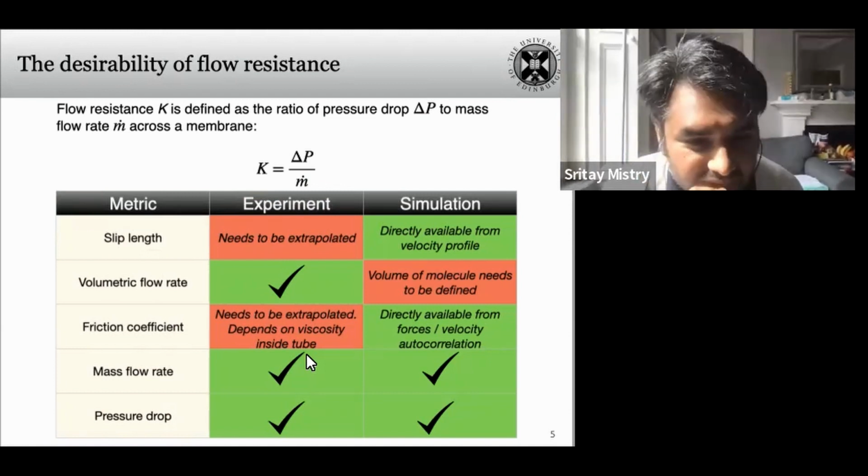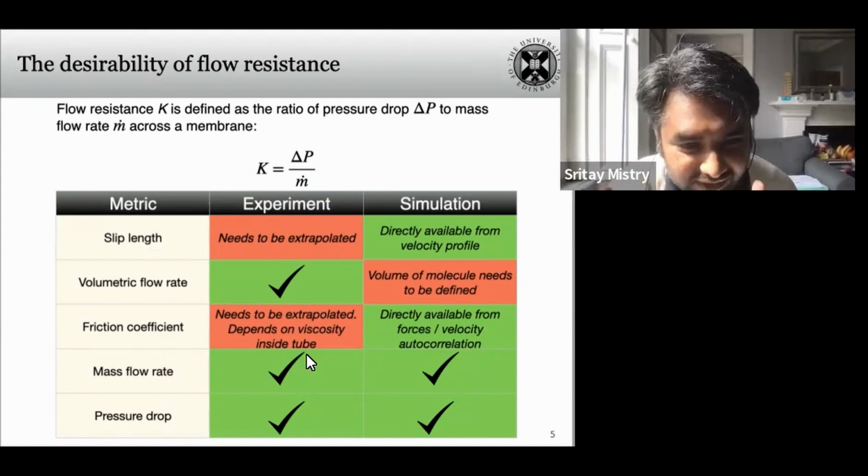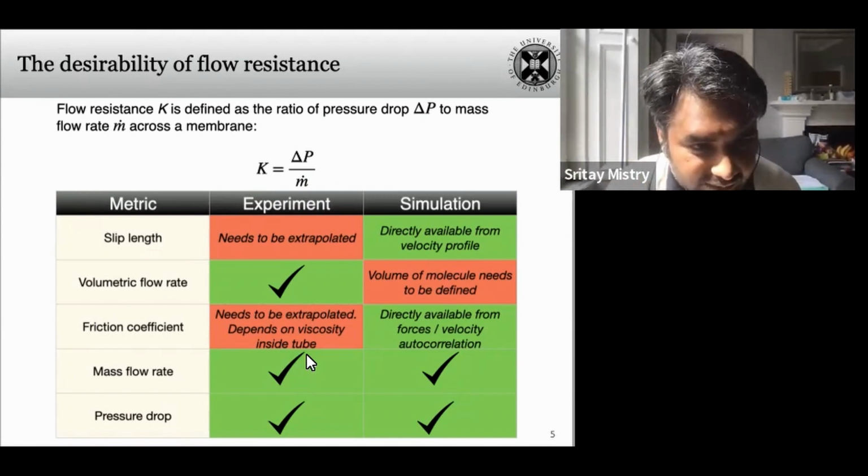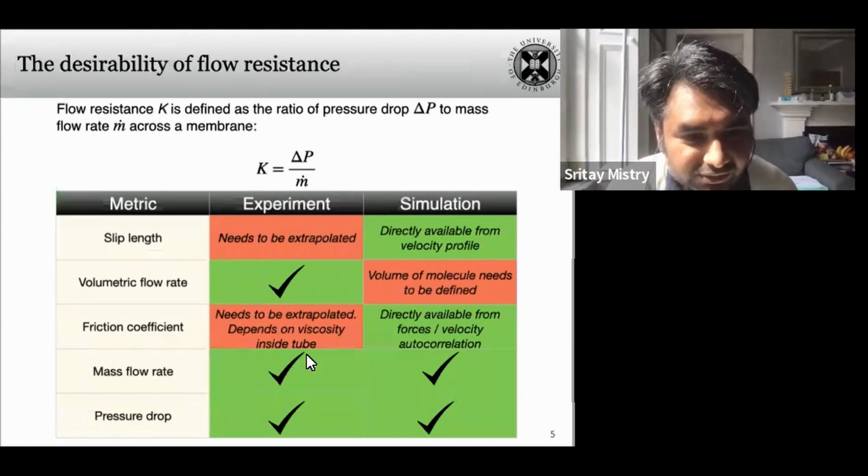The problem with all of these measures is that some of them need to be extrapolated, they cannot be directly taken from simulations, they cannot be directly taken from experiments. So what we decided to do is go with something called the flow resistance, which is simply the pressure drop divided by the mass flow rate.